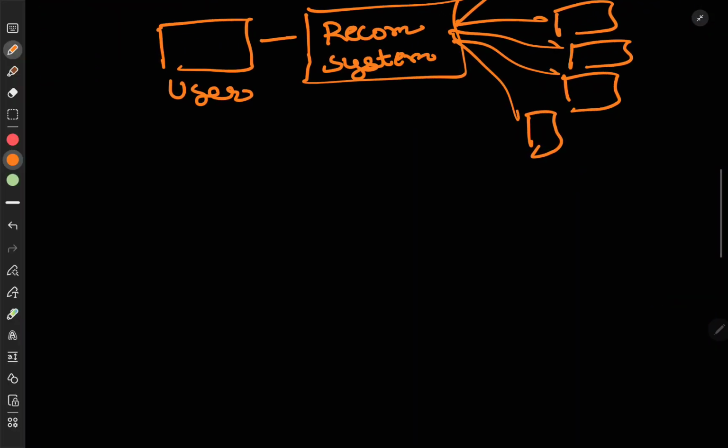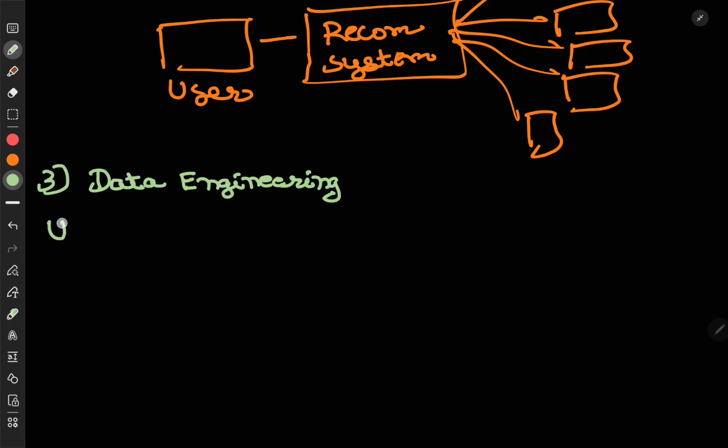Now coming to the data engineering part. In the data engineering part, think about what exactly data do we have with respect to the platform. Think like if you are using Instagram, what data do we have? So first thing is the user data.